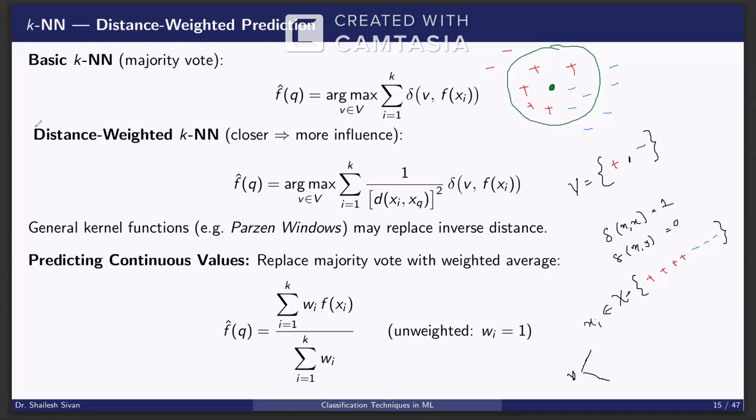So what we have to do is check sigma delta of v comma f of xi.